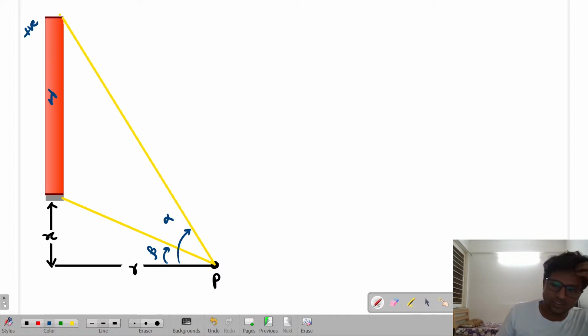Once again, the electric field will be present only in two directions: one is the perpendicular electric field and the other is the parallel electric field.